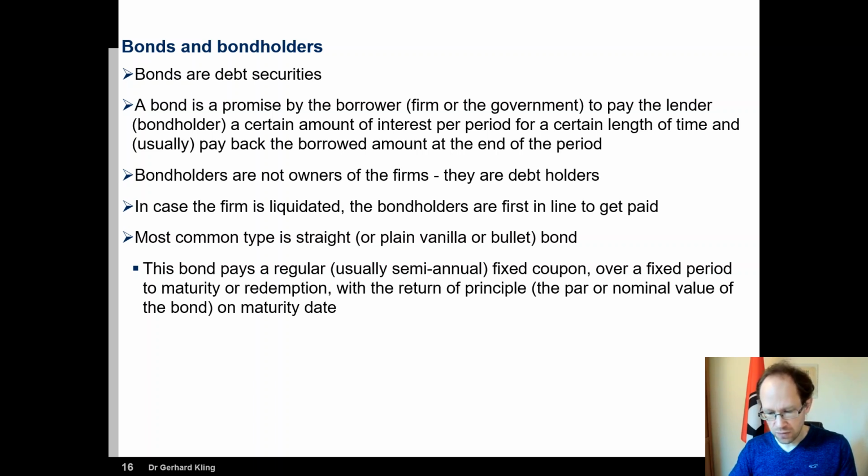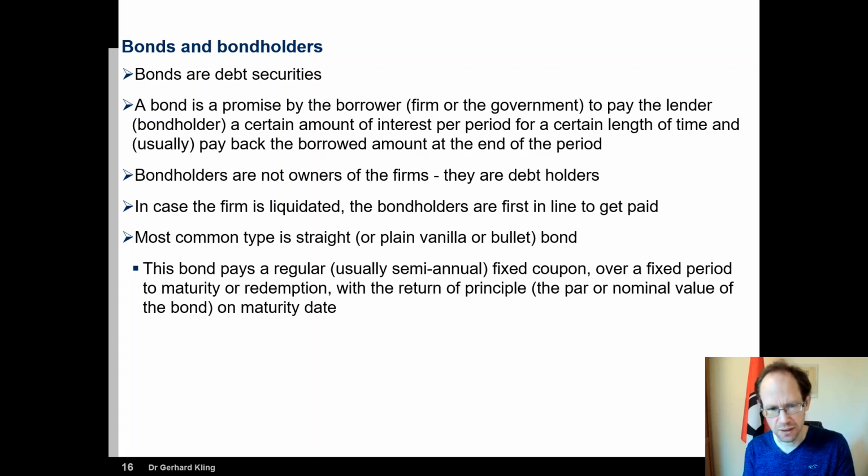In terms of what's the usual setup, the most common bond has a fixed coupon payment. Now, the coupon payment is your coupon rate times the par value of the bond. That's your coupon payment, or you can call this the interest payment.